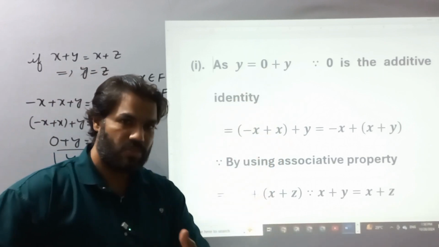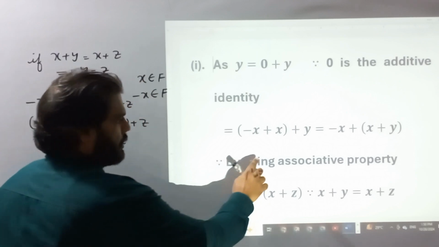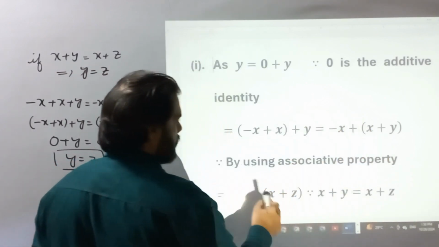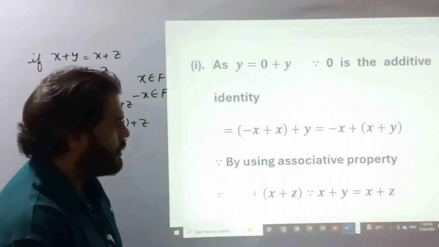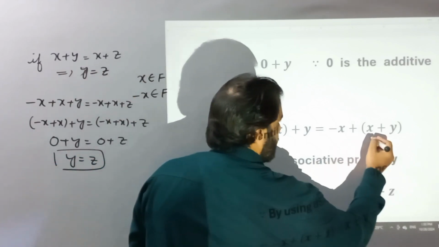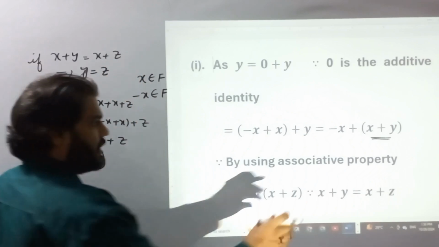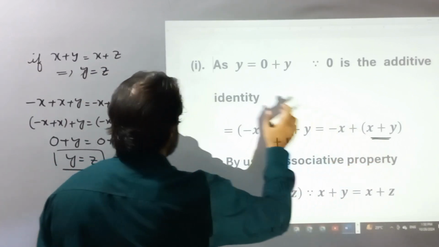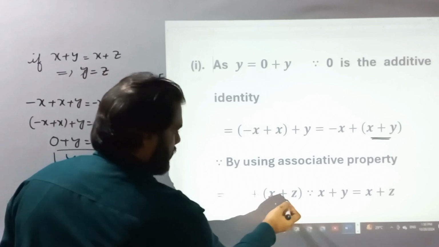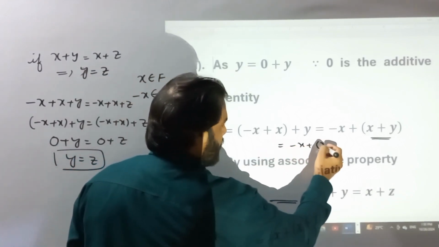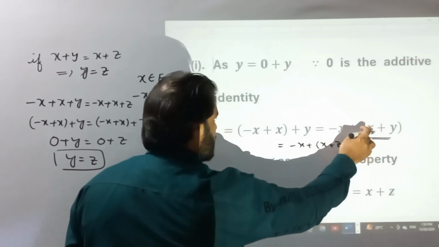Next, by using the associative property, this can be written as minus x plus, x plus y. Next, because it is given that x plus y equals x plus z, we replace x plus y with x plus z here. That is, minus x plus, x plus z.